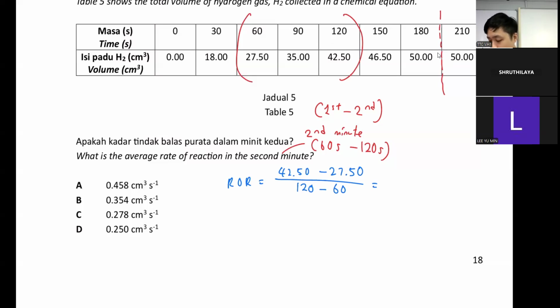So you will get 15 divided by 60, you will get 0.25 cm cube per second. So the answer is D. Yeah, these are the minor things you have to know.